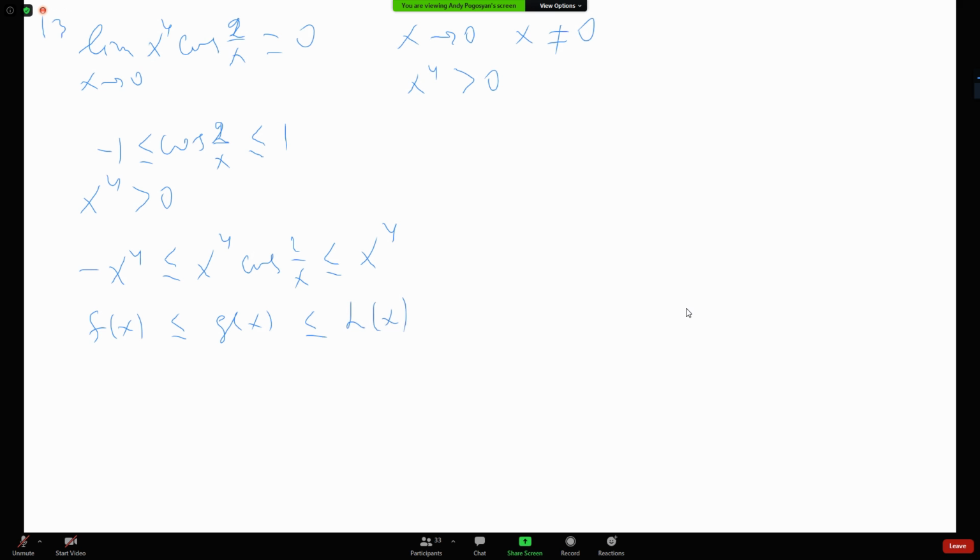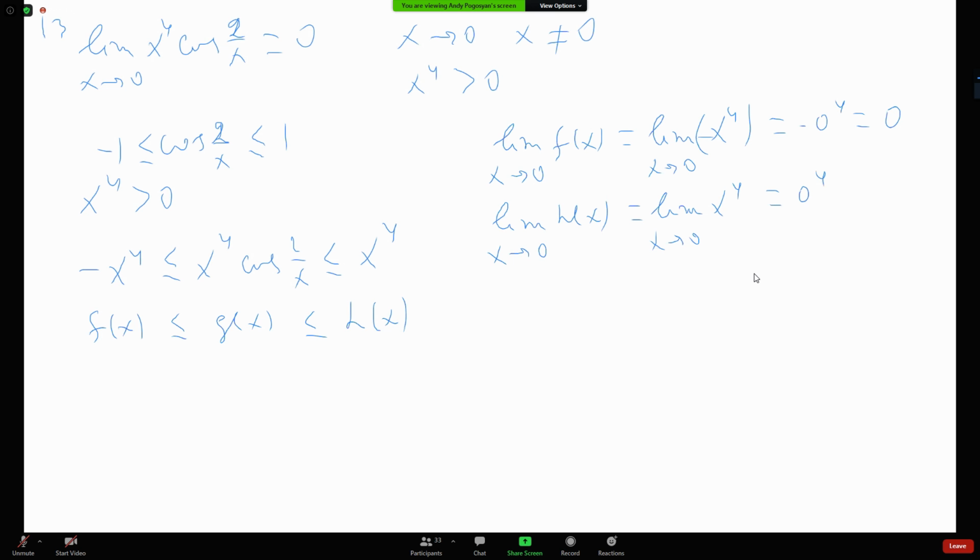Now, the limit of f of x as x approaches 0 equals the limit of negative x to the 4, which is negative 0 to the 4, which is 0. The limit of h of x as x approaches 0 equals the limit of x to the 4, which is 0 to the 4, which is 0.